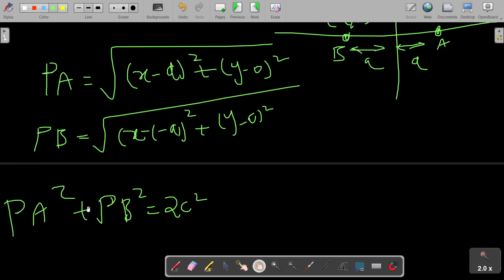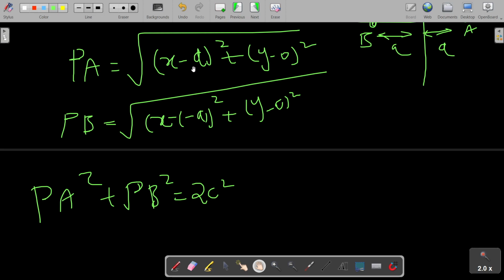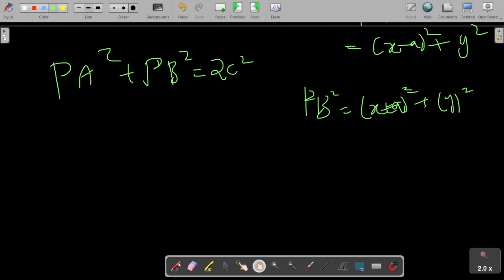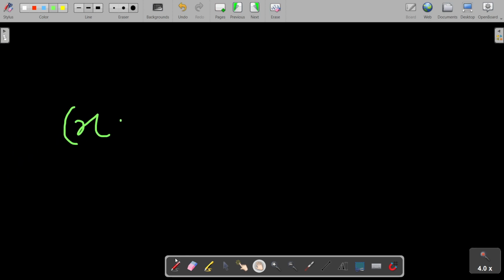If I square this, I get PA squared as x minus a squared plus y squared, and PB squared as x plus a whole square plus y squared. Minus into minus is plus, as we know. So let's write down that thing. Let me zoom in to write clearly.